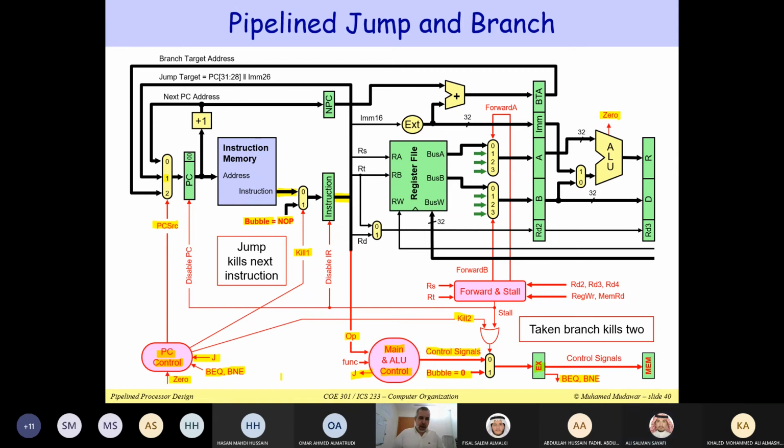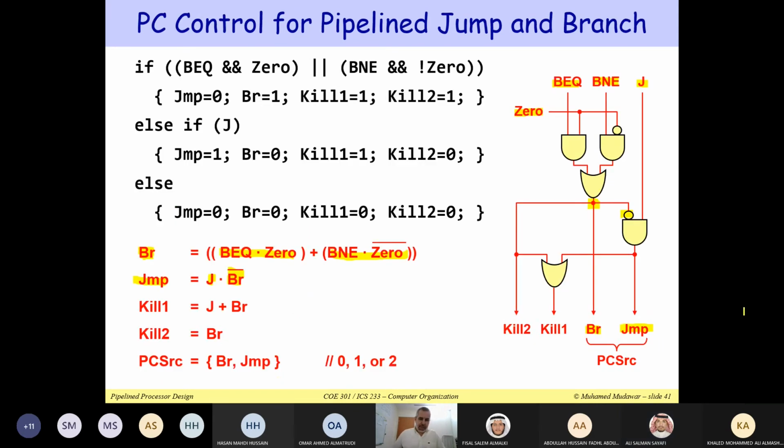So this is why I wrote here, jump is equal to J and not the branch. We will jump only if there is a jump, if there is the J here, it means there is a jump instruction, but we are not really branching. So there is no branch which is taken in the third stage. That's what it means.